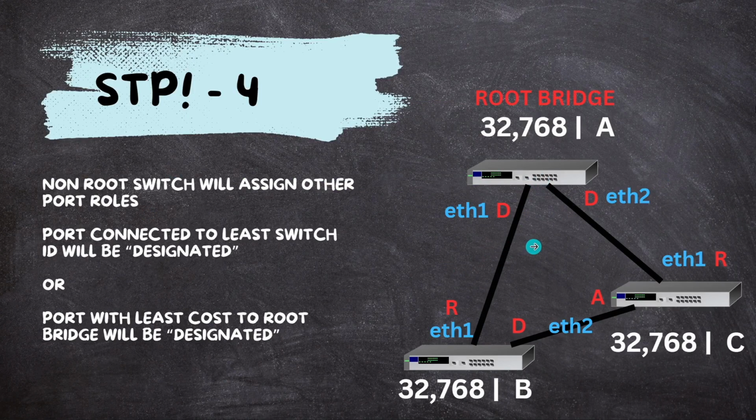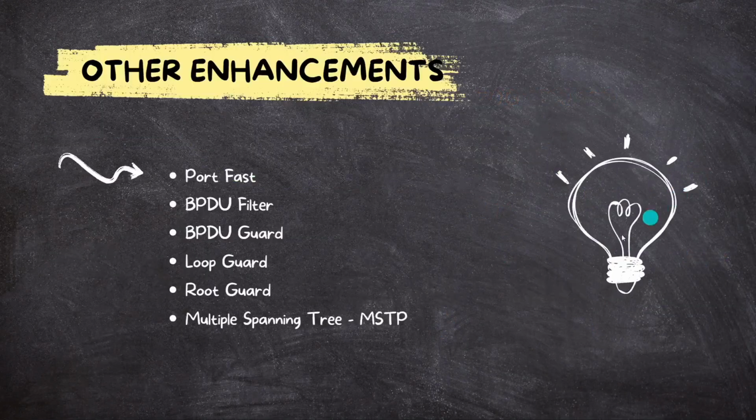So we will have 100 spanning trees, and there will be different root switches for all of these 100 VLANs. If we want to avoid that, we can group VLANs. For VLAN 1 to 5, we have this root switch. For VLAN 10 to, let's say, 25, we have this root switch. That is multiple spanning tree protocol, MSTP. That is also an enhancement of STP.